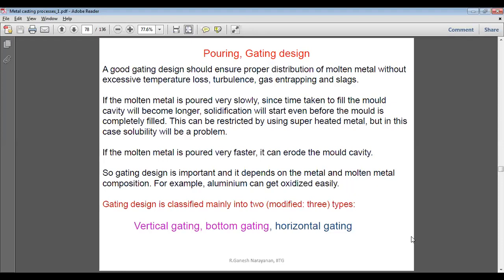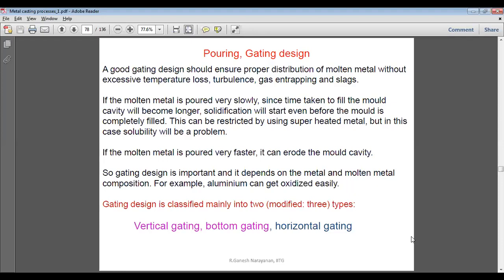Otherwise, at one end we are pouring the molten metal, and at the other end the solidification starts. So the pouring has to be carried out in a smooth manner, so that solidification starts after the complete filling of the cavities or molds.